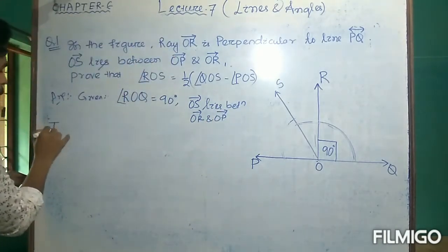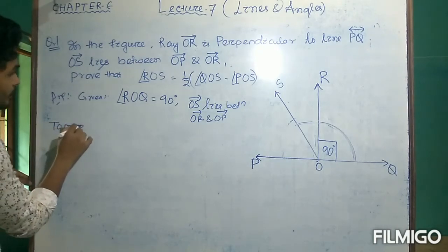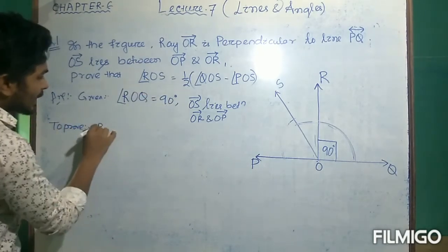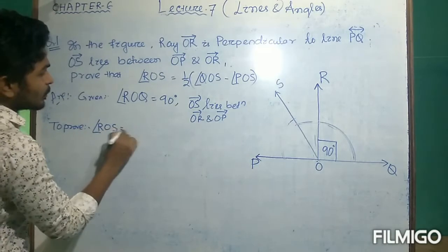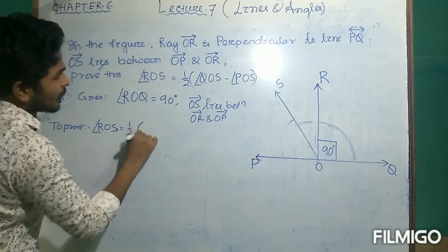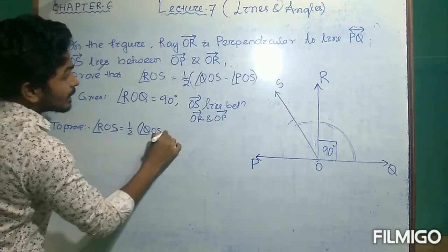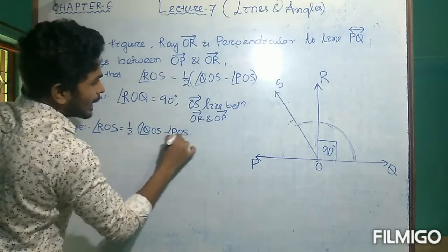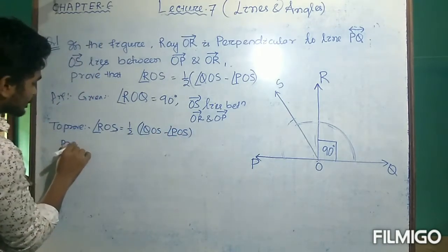Right. So you have to prove angle ROS is equal to half of angle QOS minus angle POS. So let's prove.